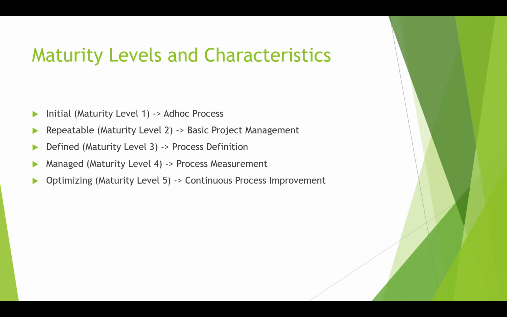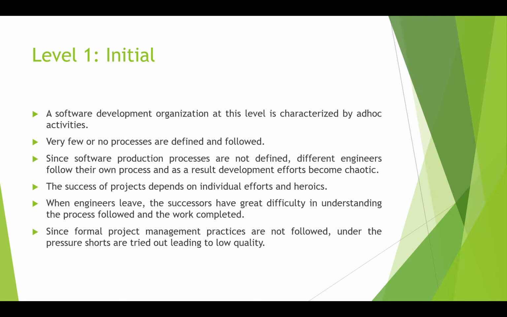By the name you can remember: managed relates to measurement, defined relates to definition, optimizing means you are improving something, so continuous process improvement, repeatable means basic project management, and initial is ad hoc. In this way you can find a shortcut to remember these maturity levels, how they are related, and what their characteristics are.